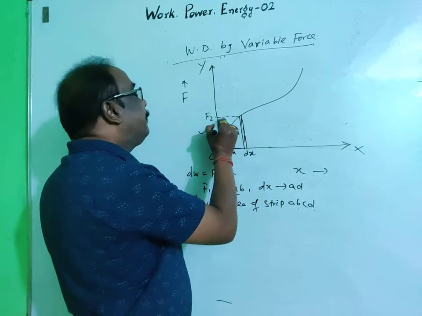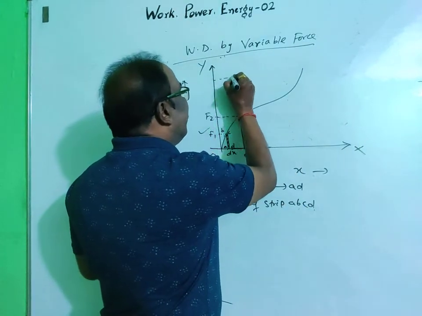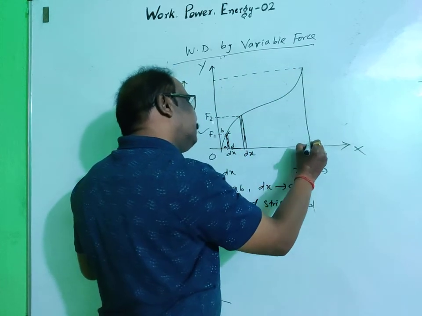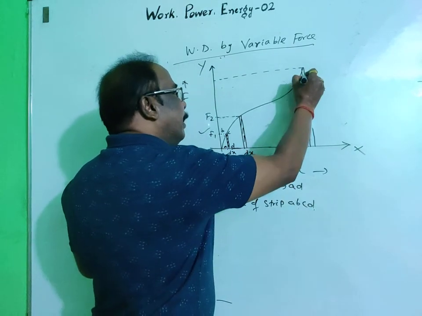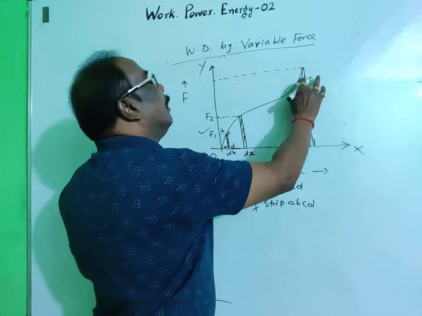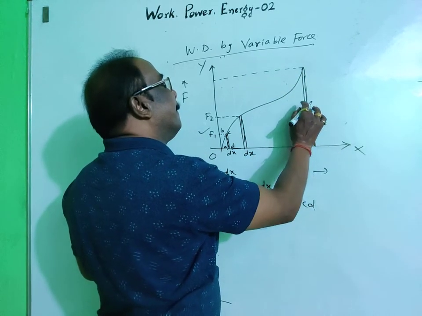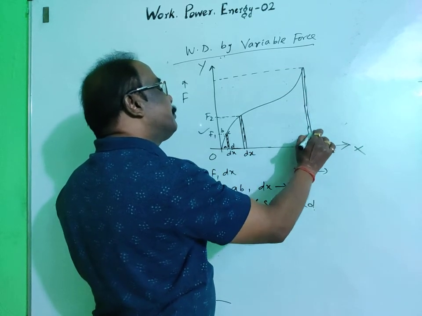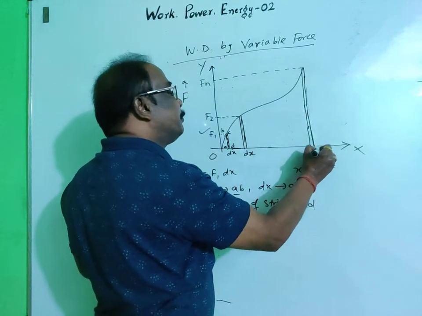Then work done by F2 is F2 into dx, and similarly we may divide the total area under the graph into a number of elemental strips, and finally let this force be Fn, and again it displaces the body through dx.